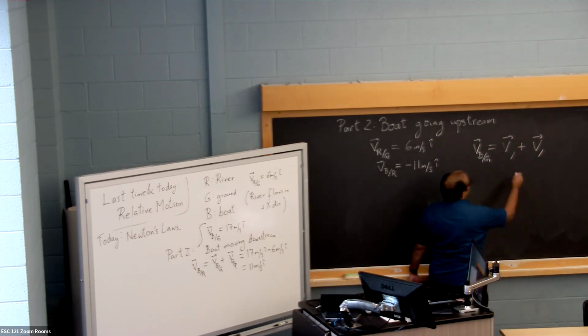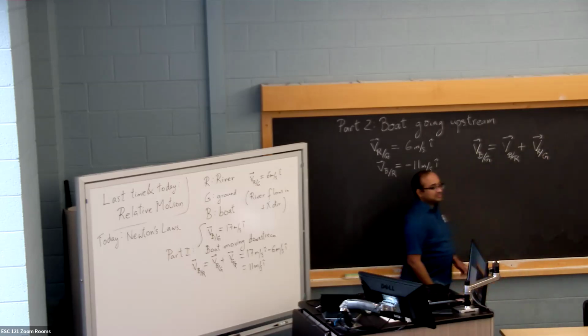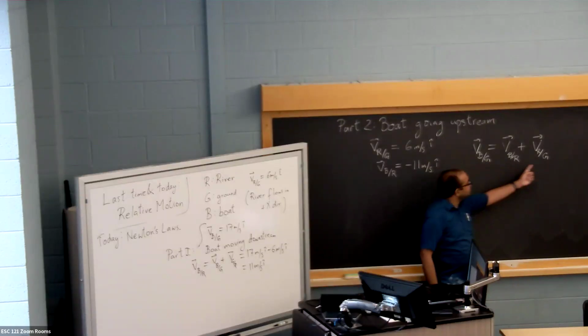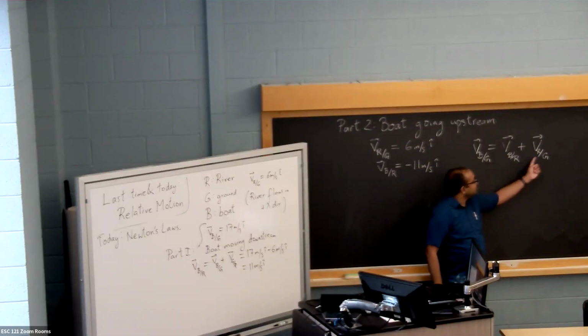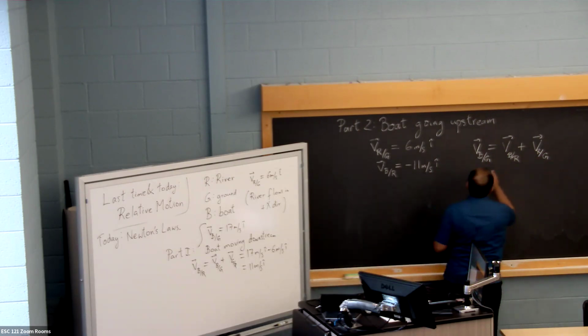So again, just call them out. This should be B over R, over G. Right, so B is the first one, so it comes here. G is the bottom one, so it comes here, the last space, and the remaining observer R fills the remaining two spaces. Then we can plug in our information.